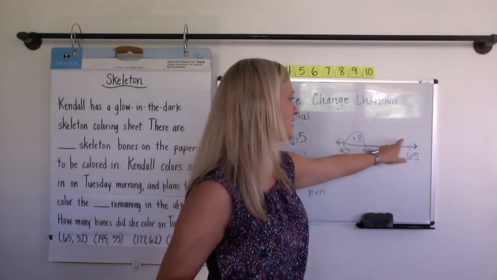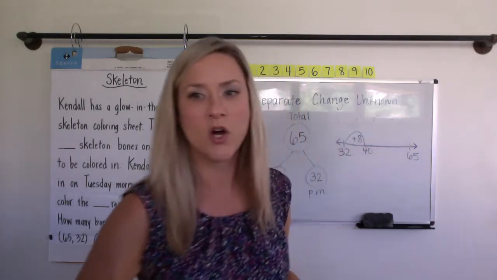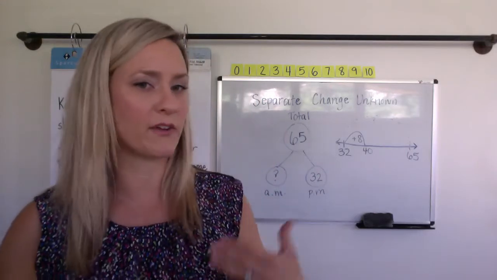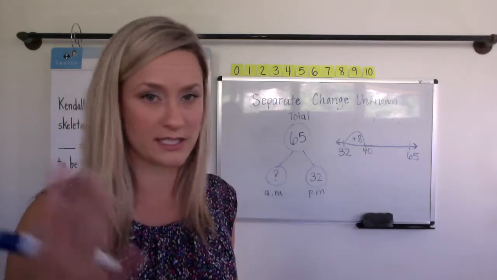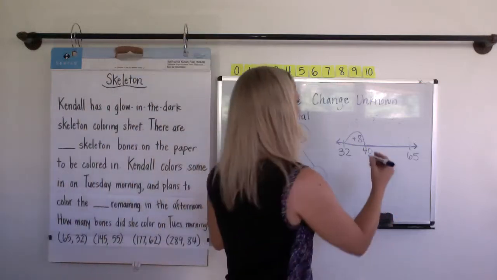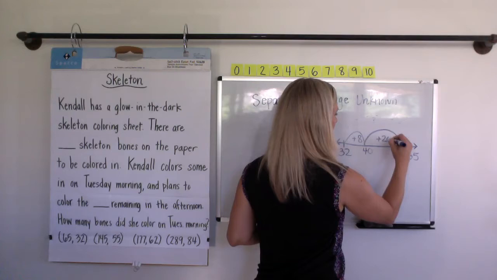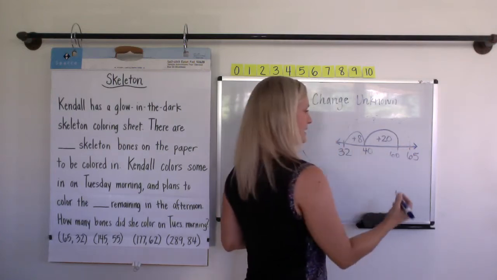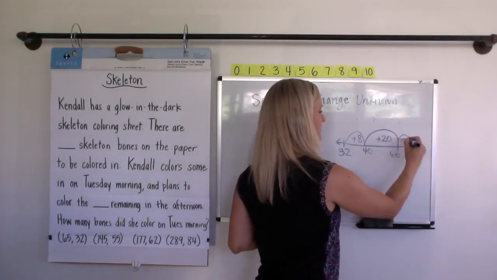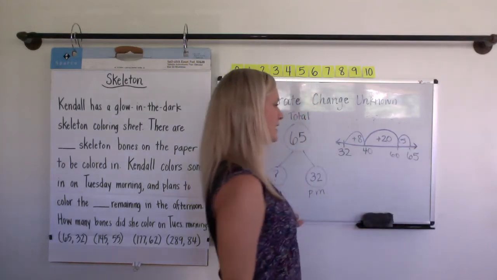Take another hop of 10, you'll be at 60, and then 5 more. Or there may be kids who are like 40 plus 20 is 60. So it just depends on what your kids are thinking about, right? So 40 plus 20 is 60. And 60 plus 5 is 65.